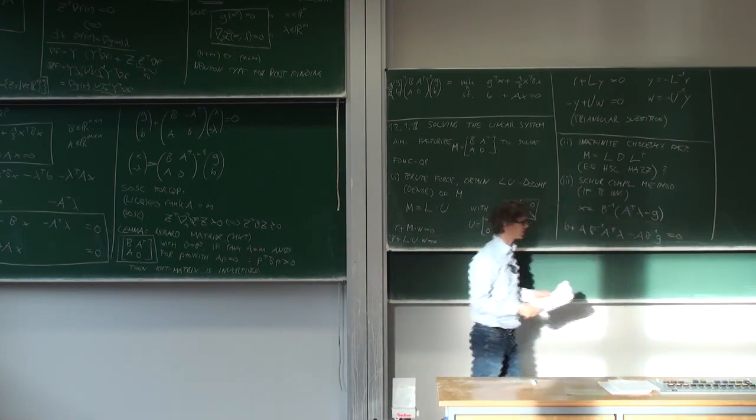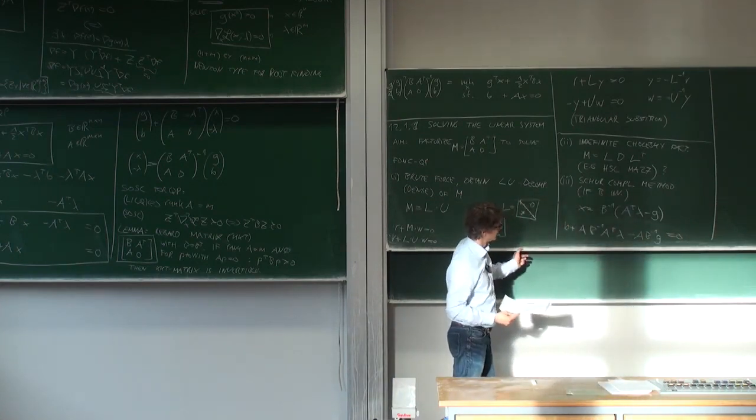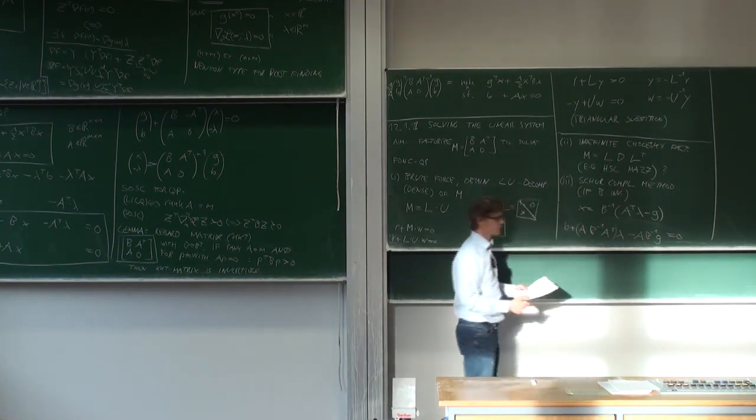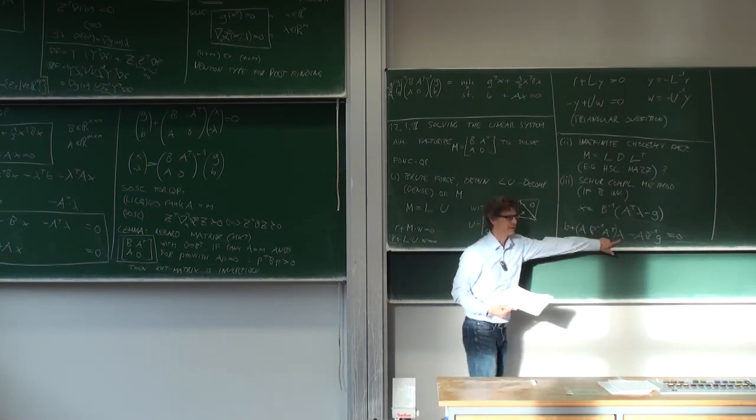I've just plugged it into this equation, and then I see that here again I have a symmetric matrix which now lives in the dimension of my constraints.